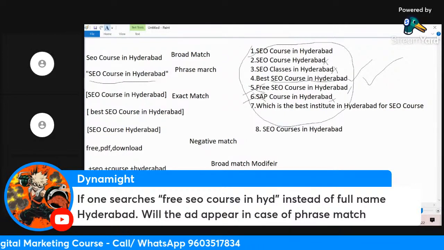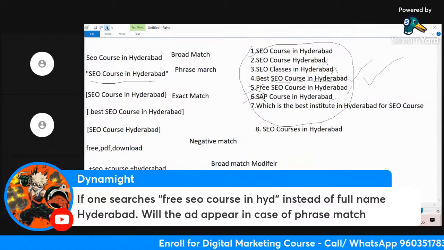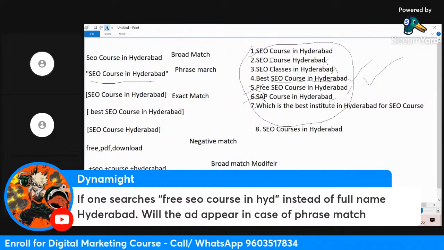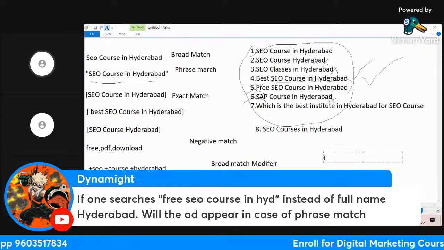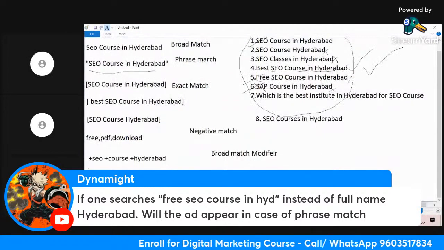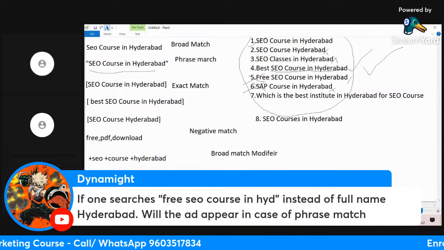Close variations and spaces. I think you haven't given spaces here. And here you gave SEO codes, the customer typed SEO codes, everything without space. Still the ad will appear. It will be auto-corrected by Google. So remember this, guys. Singular, plural, close variation. Let me tell you one thing so that you can clearly understand. You mentioned here web designing codes.